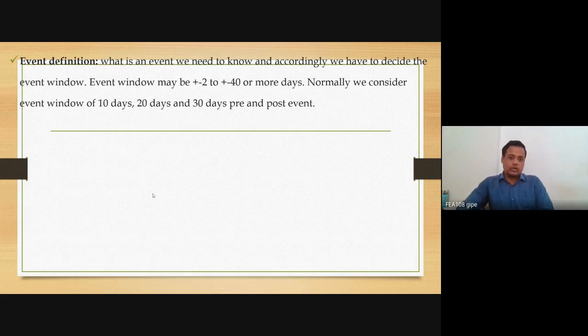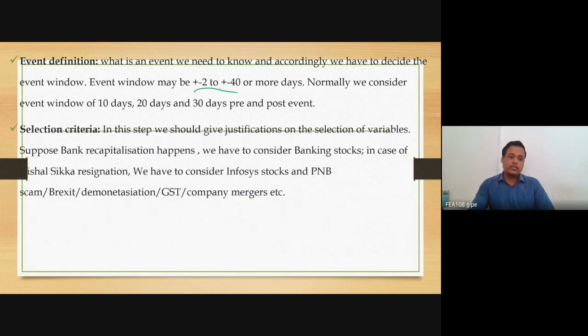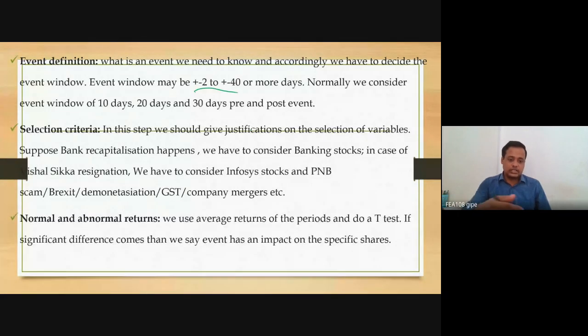Now, event window, we have discussed it. It can be plus minus 2 to plus minus 40. Then selection criteria: you decide what the event was and how you can decide that the particular event has an impact on how many stocks or which sector.